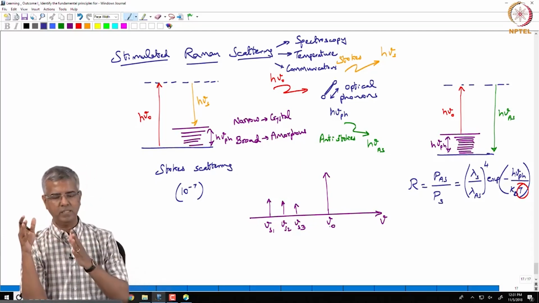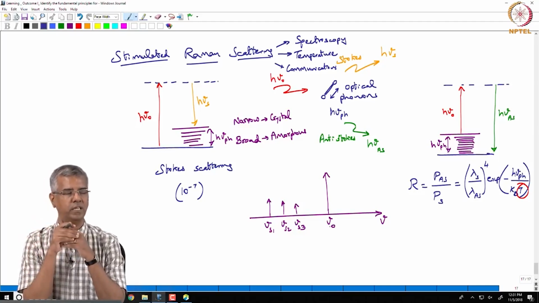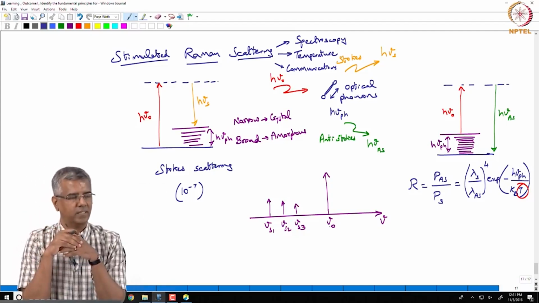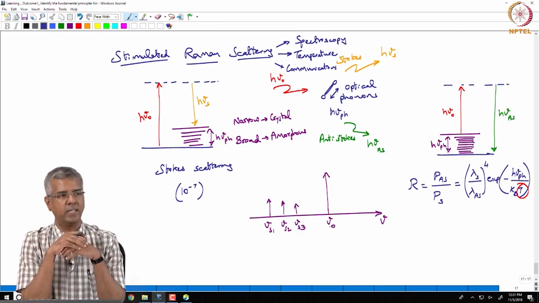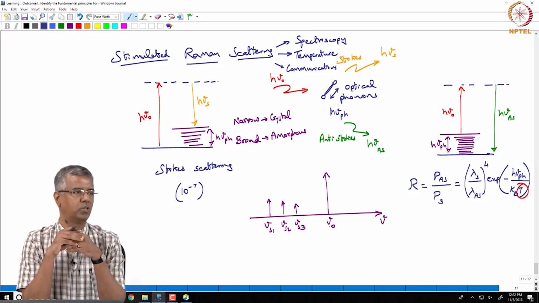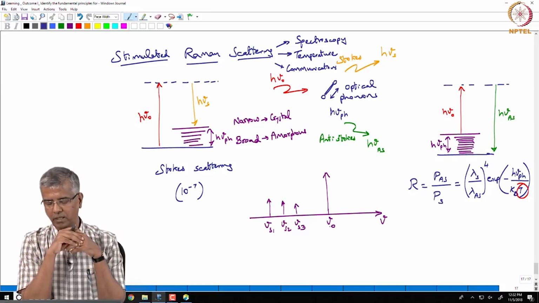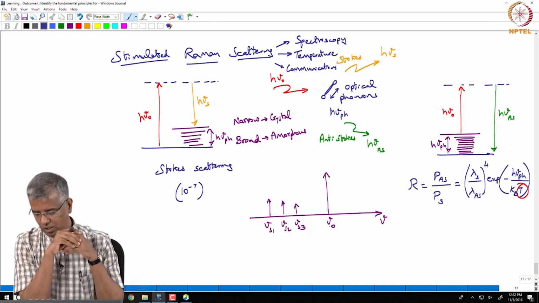That means the information that you are sending in one frequency, one channel, is actually imprinted on another channel. So that can give rise to crosstalk, right. So that will be a major limitation in communication, that it can give rise to crosstalk.